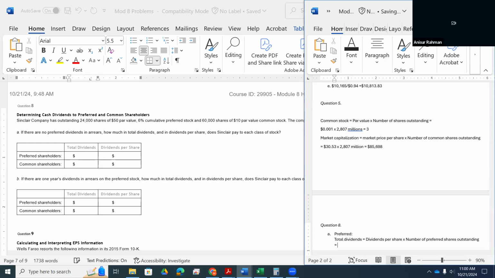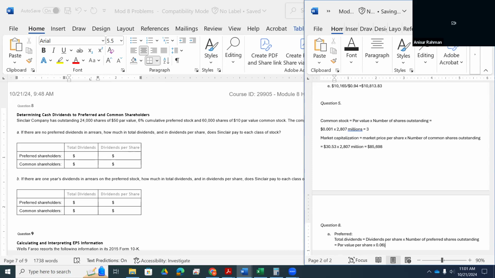So dividends per share for preferred stock will be the par value per share times the dividend rate, which is 6%, so 0.06.